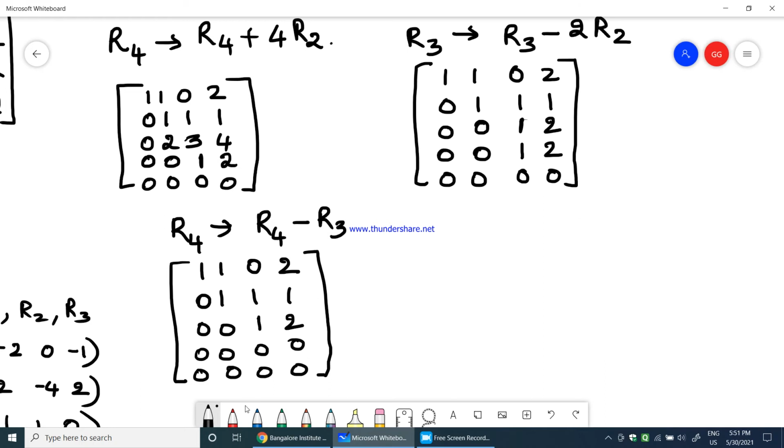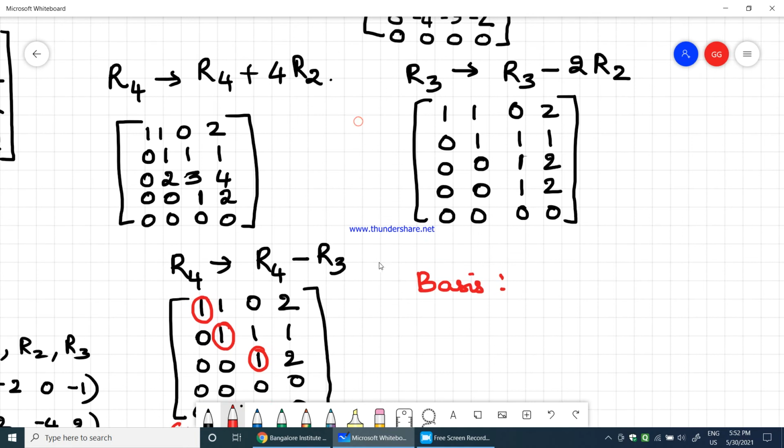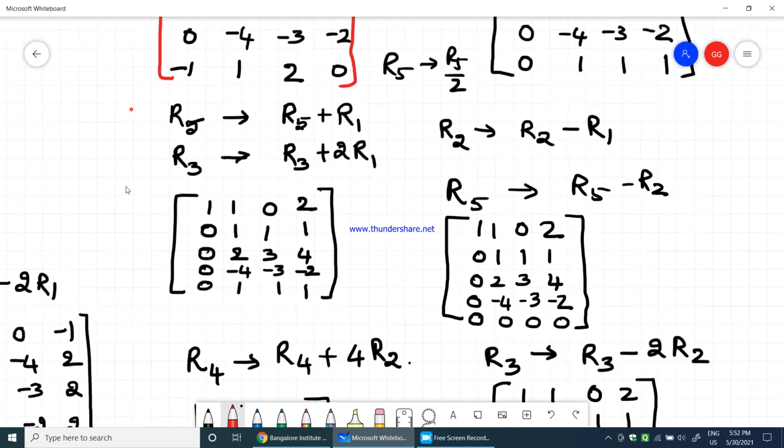Now we can see the pivots here. These are the 3 pivots that we have, in column 1, column 2 and column 3. Therefore, for the basis of the column space, we take the 3 column positions of the initial matrix.